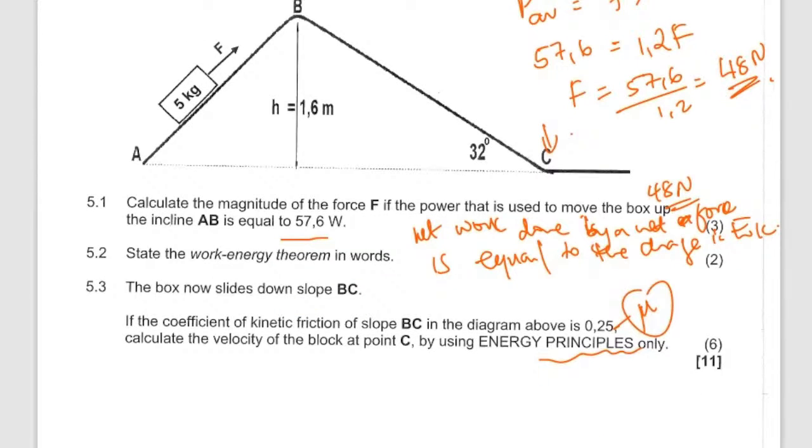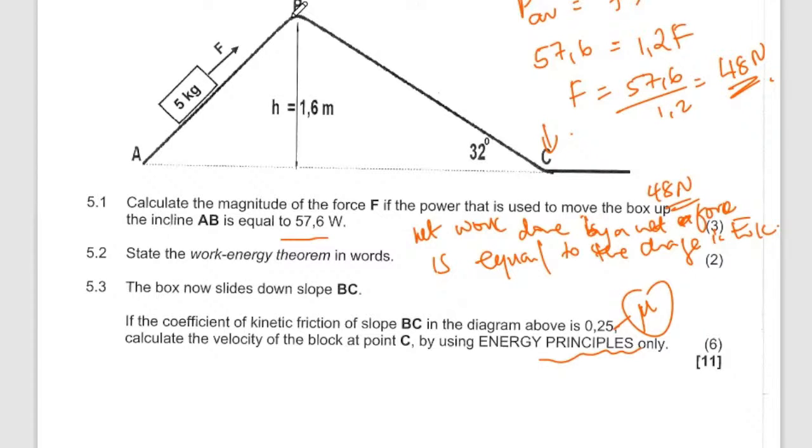So it all depends on how you want to approach this question. Remember, at point B, this box will have mechanical energy. Okay. We have mechanical energy, which is a combination of the kinetic as well as the gravitational potential. And then at point C, we're just going to have the EK to be maximum, since there is no height.